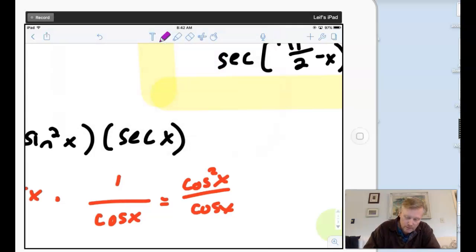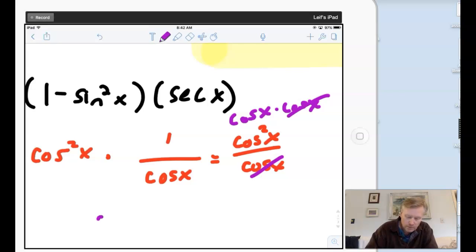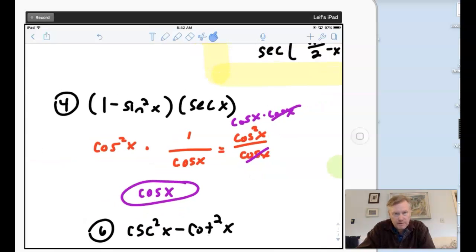You could rewrite that as cosine of x times cosine of x. That's the same as cosine squared of x, which means one of them cancels with the denominator and leaves me with regular old cosine of x over 1, or cosine of x. And that's what that one simplifies down to.